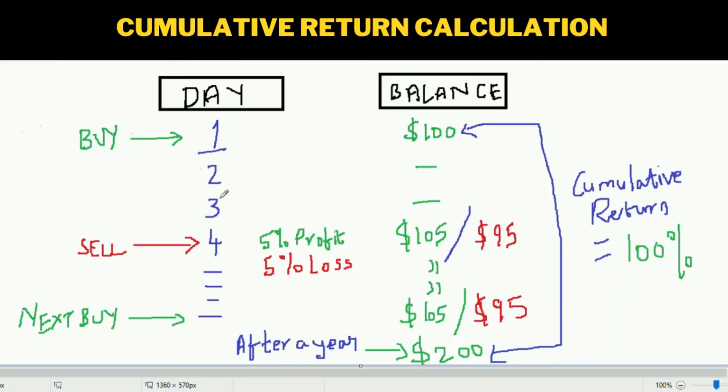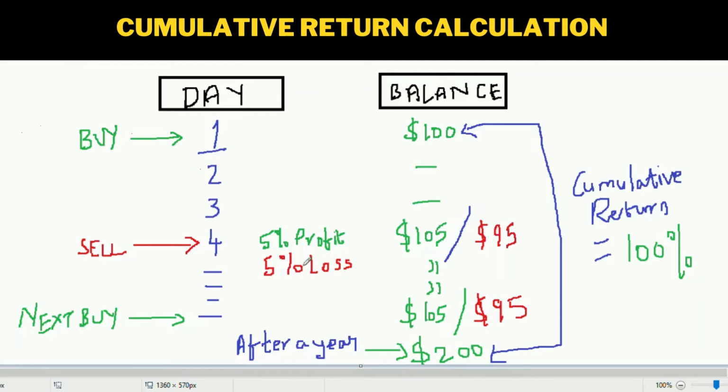Now let me explain the logic behind the calculation of cumulative return. In this example, I have assumed a balance of $100 that we will start off with in this trading strategy. Let's say that we get our buy signal here. So this becomes day 1. As per the strategy, we're going to sell the stock on day 4. So in this trade, if we make a profit of 5%, when we sell, our balance will become $105, which is the $100 that we invested, plus the $5 profit.